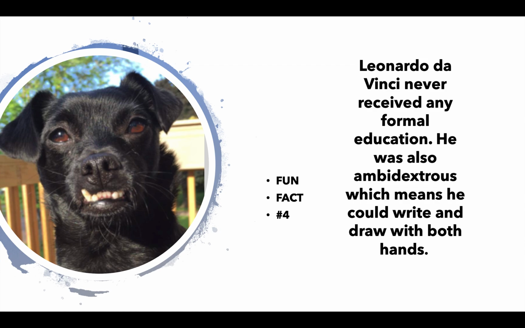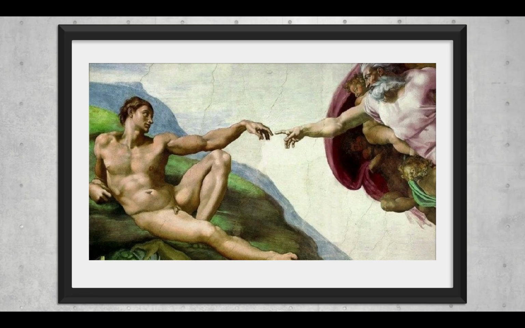Fun fact number 4. Leonardo da Vinci never received any formal education. He was also ambidextrous, which means he could write and draw with both hands. One of the most common elements of the Italian Renaissance was religion.